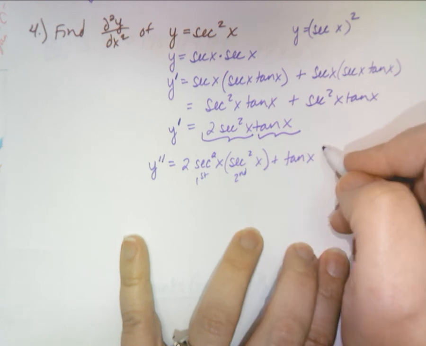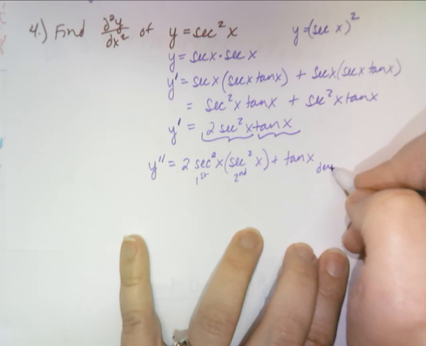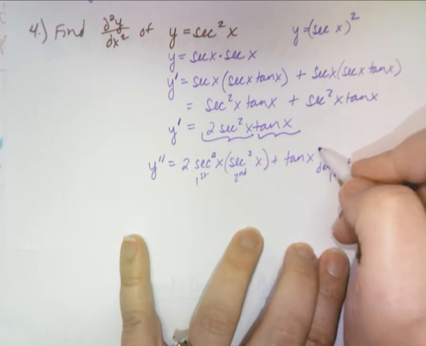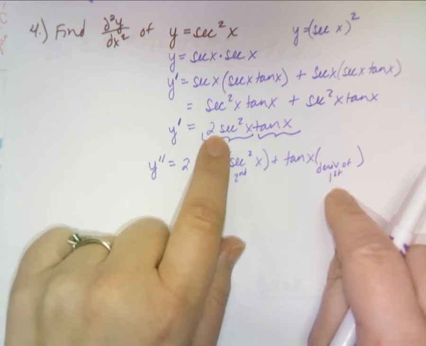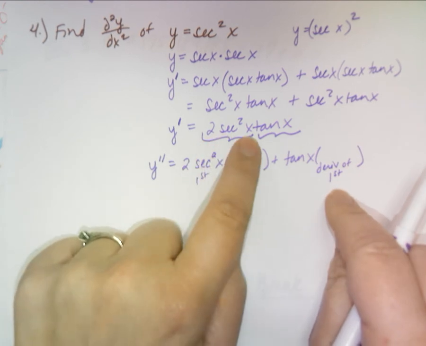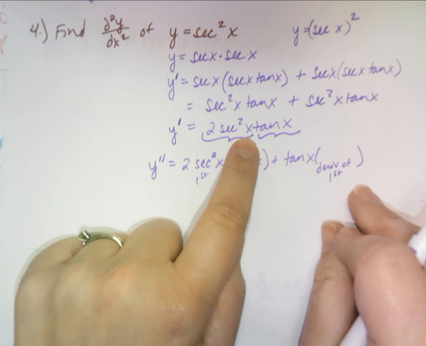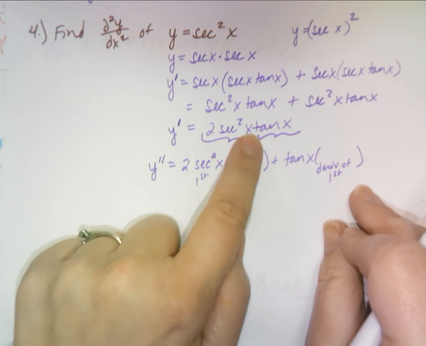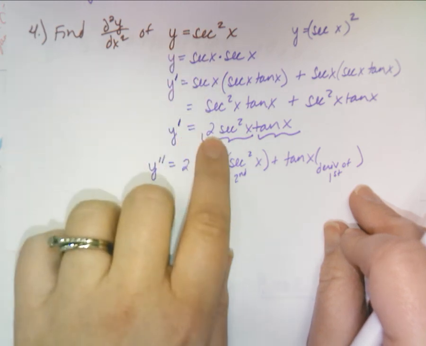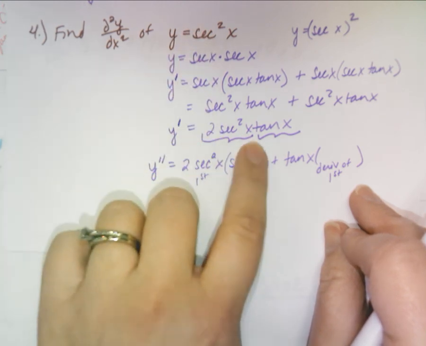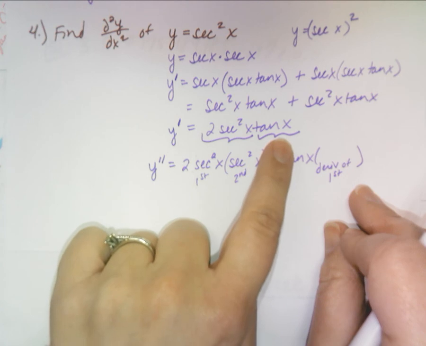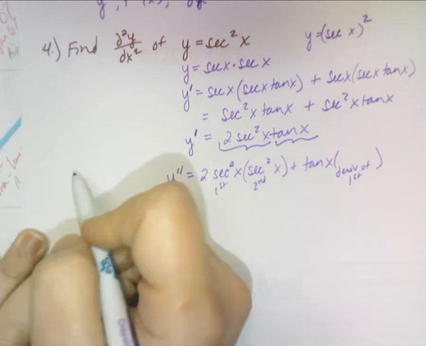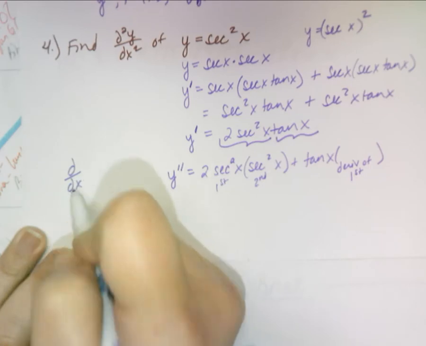Let me write this out for you. What is the derivative of the first? What is the derivative of 2 secant squared x? Or what's the derivative of secant squared x? Well, we just found the derivative of secant squared x. Let me write it like this.